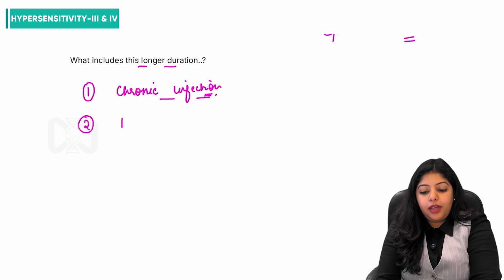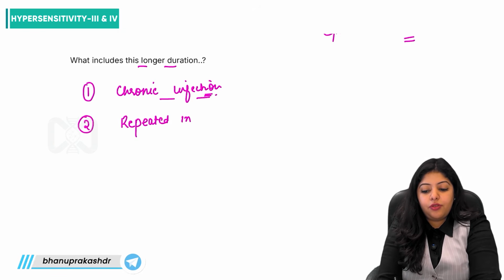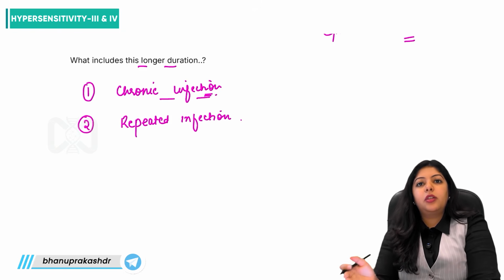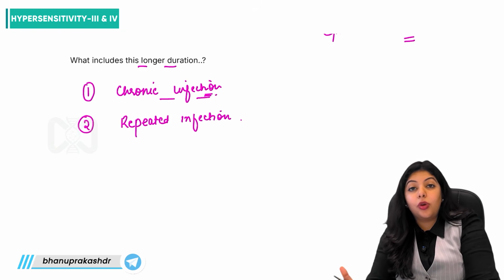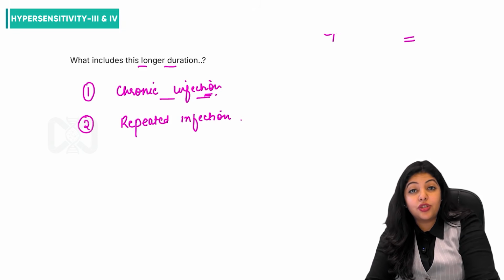Then if there are repeated infections, alongside there are prolonged antibody reactions and immune responses occurring.